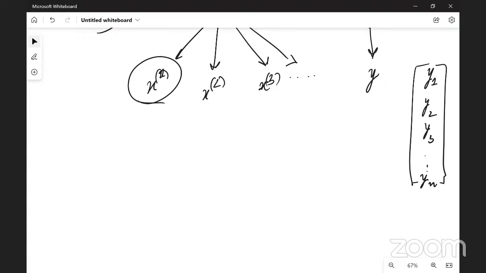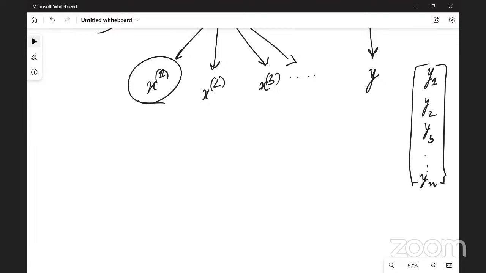Let me double check. That notation represents a data point, right? X superscript 1. You're right. So x superscript 1 represents... No, I don't think so.